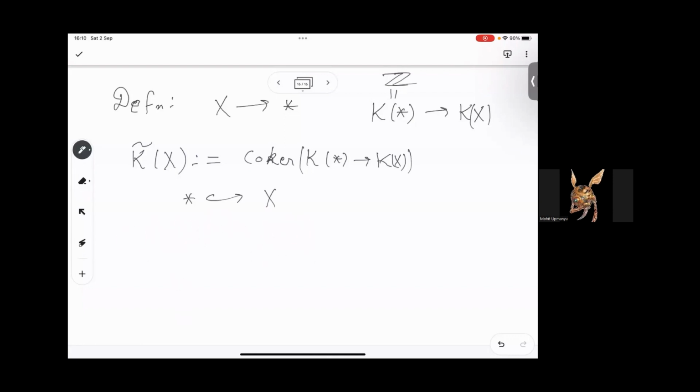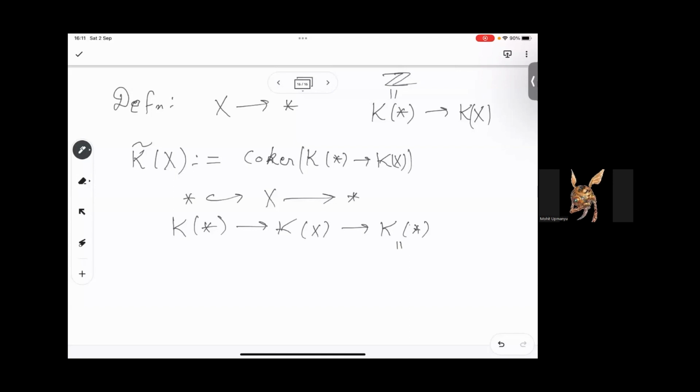So we have the first map from K star to Kx, and then Kx to K star. This is a choice of point. If X is connected, then the choice doesn't really matter, but if X is not connected, then the choice actually matters.